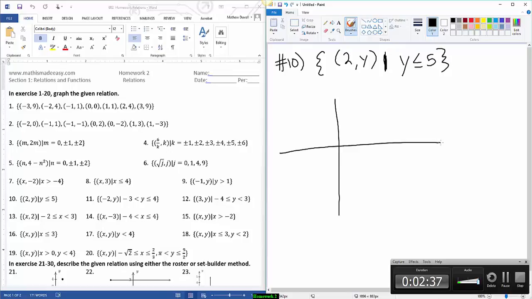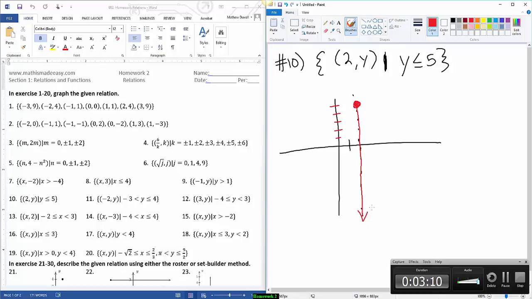So my x value has to be 2, so it's going to be somewhere on here, but my y value has to be less than or equal to 5. So if I find 5, 1, 2, 3, 4, 5, less than or equal to means a closed circle, and it has to be everything smaller than that. And so that's going to be the graph representation of that relation.